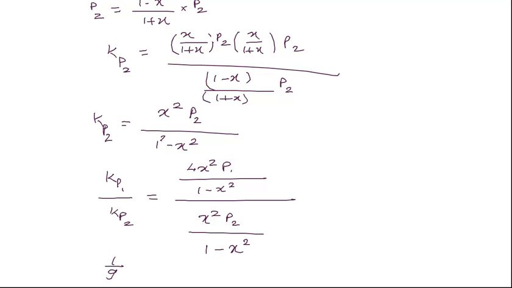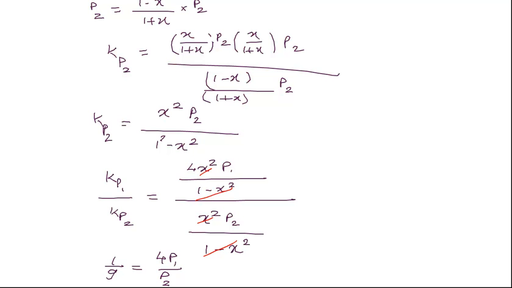It would be 1 by 9 equal to 4P1 by P2. All of these other things will get cancelled. I hope you can do this much math.